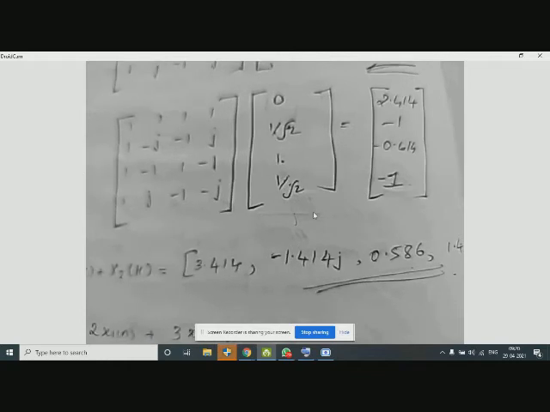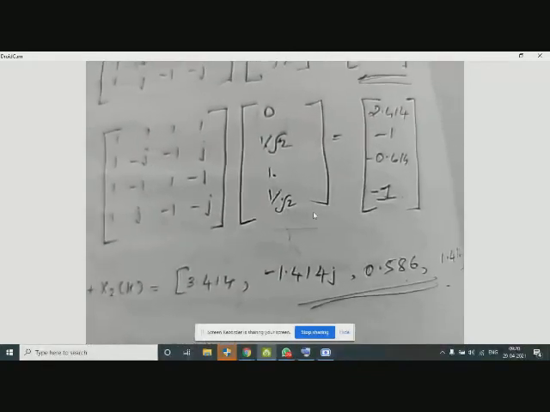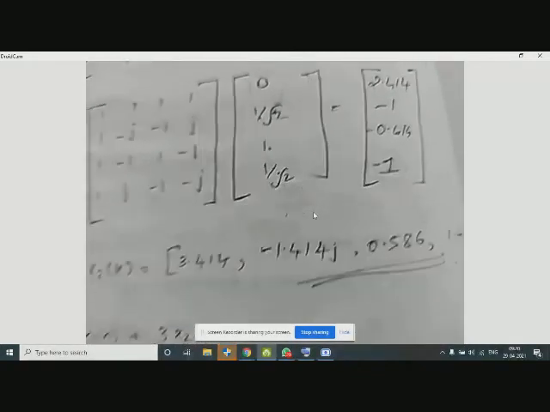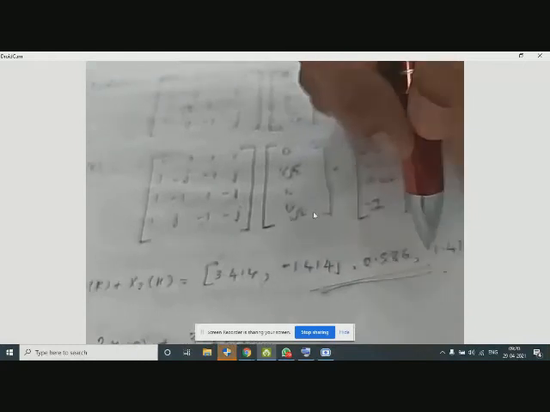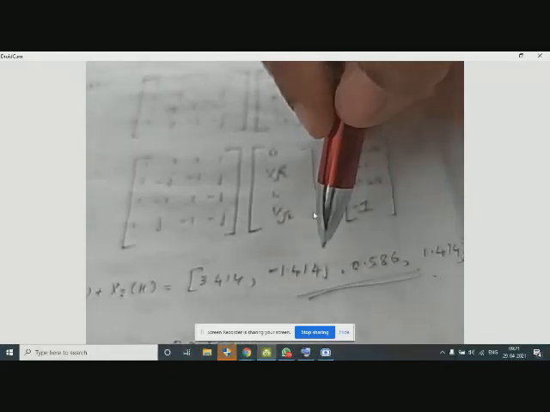You take any problem for that matter, any problem that you have seen earlier, you just have a look. Say for example, look at this problem. This was one problem that we solved for the linearity property. I hope all of you had got this answer, right? So this is a 4-point DFT.